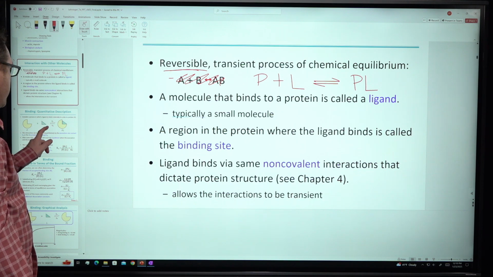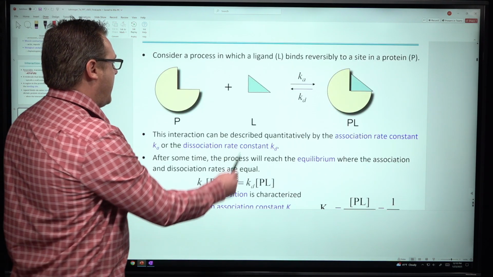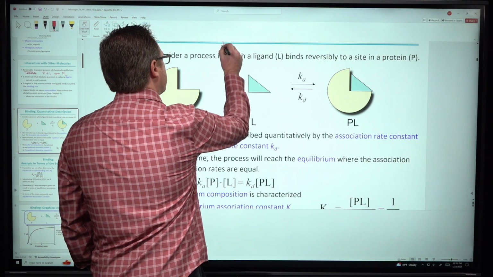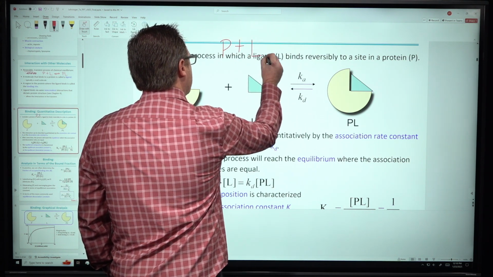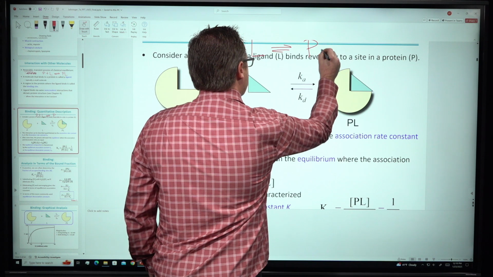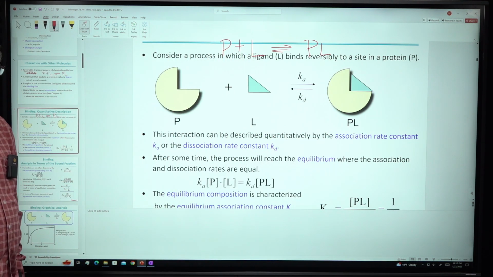This right here is a much better representation of that. So the equation, let's rewrite it over here. It's P, protein, ligand, equilibrium process, like that. So that's what you see on that slide right there.